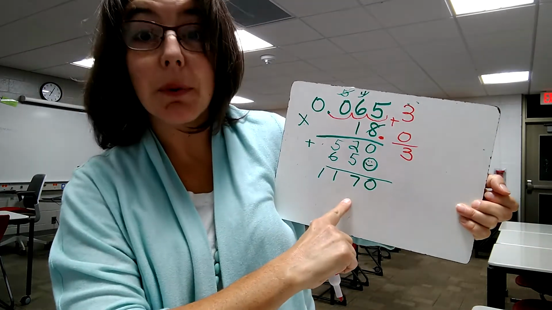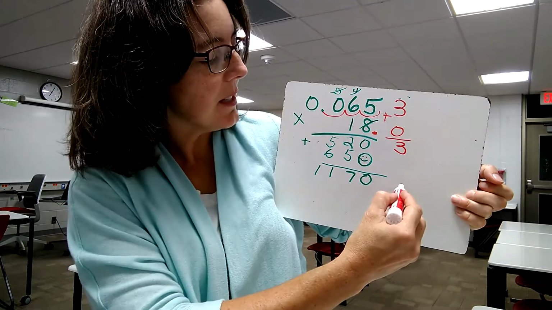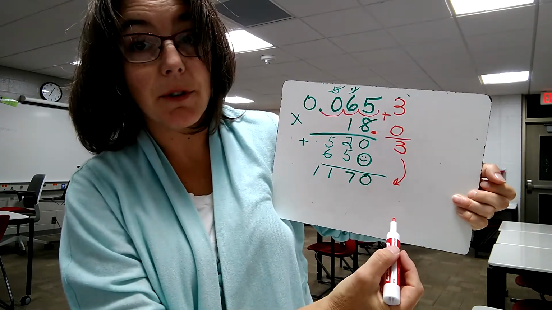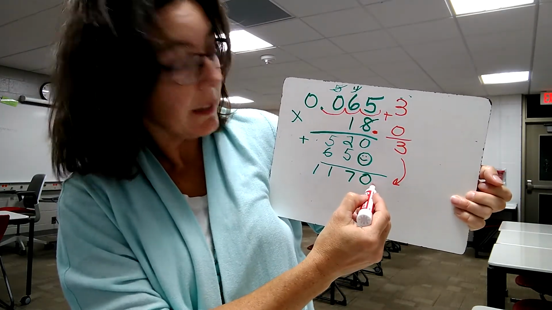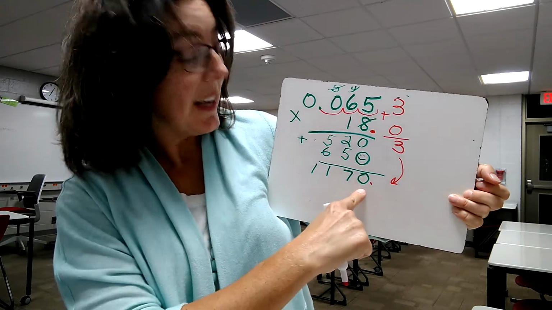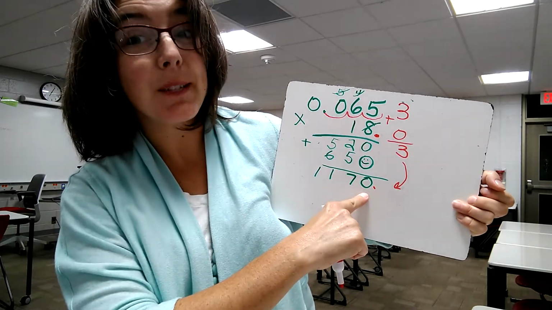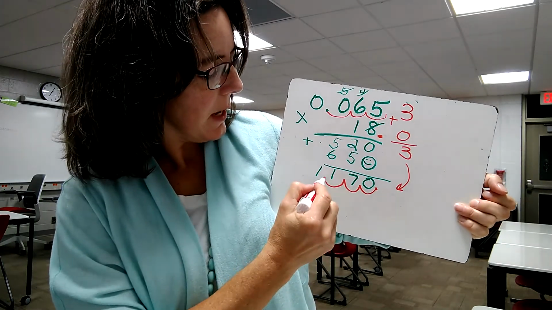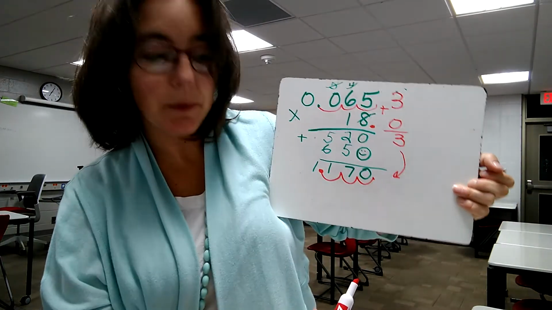That means that in our product, we're going to shift that decimal point 3 places to the front. I start at the back and I shift forward 3 numbers, even with the 0, because that's my placeholder. 1, 2, 3. And I plop my decimal point in right there.